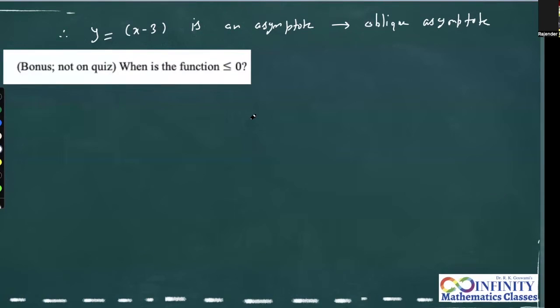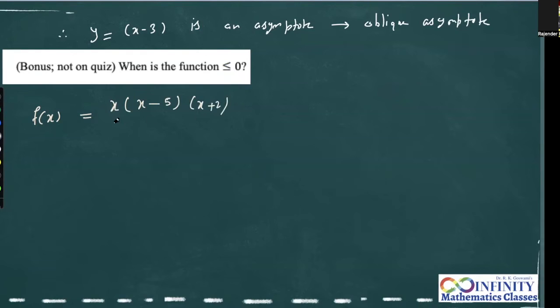When is the function going to be less than or equal to 0? This is the question. Let us try to solve this question. The function was, and we have factored the function, it was x minus 5, then x plus 2, divided by x minus 5 and x plus 5.